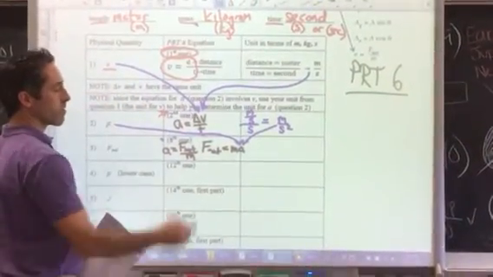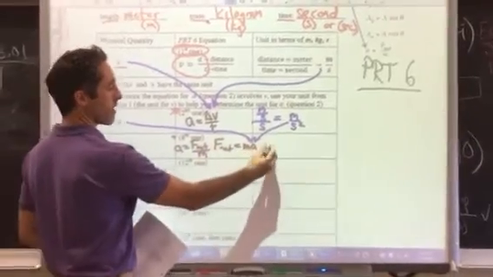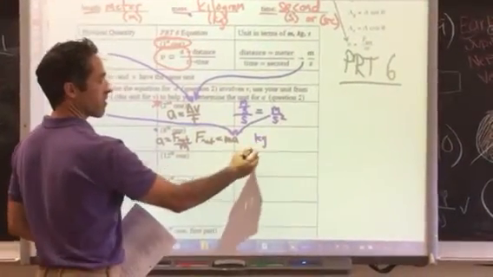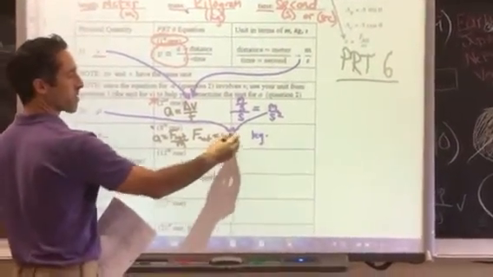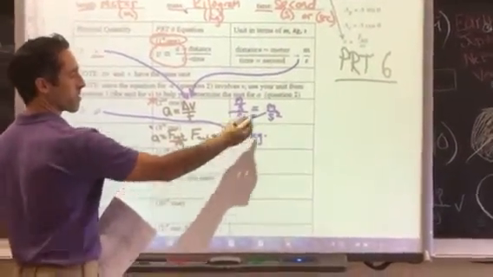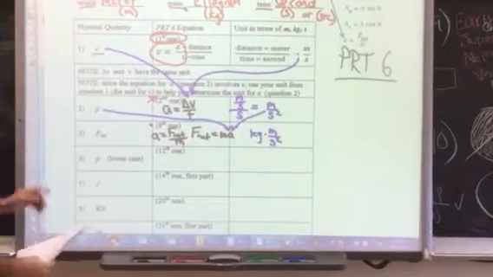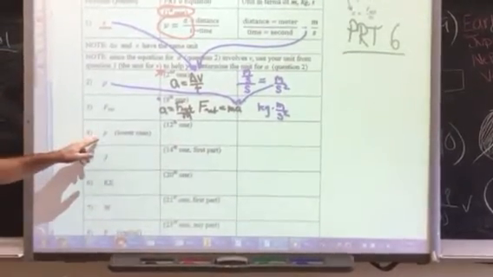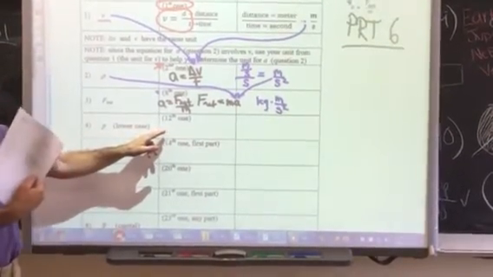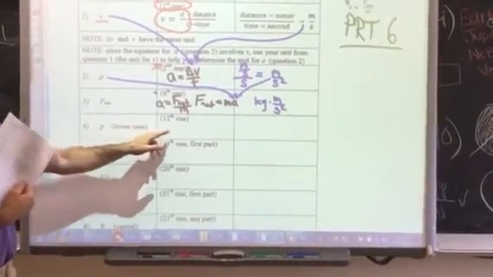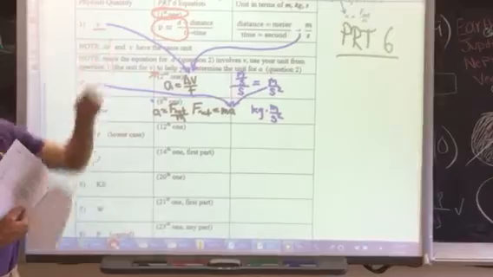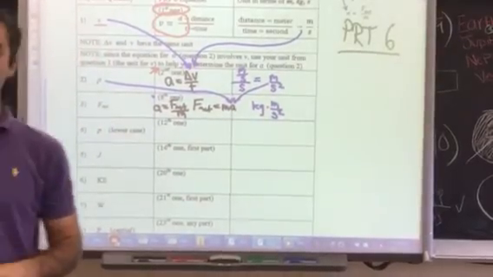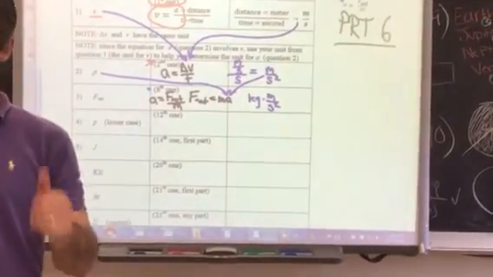And so, the unit for F net will be the unit for mass, kilogram, multiplied by the unit for acceleration, meter per second squared. All of these build, as you'll see with this, P equals M times V. V, we already have the unit. M, you already know the unit, and they all build like so.